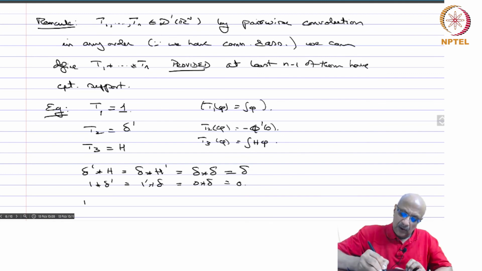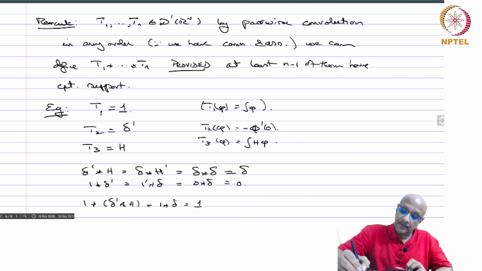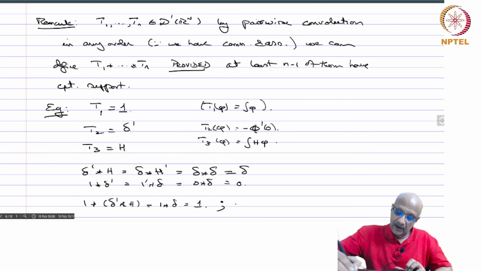So, let us take 1 star delta prime star h, this is equal to 1 star delta, which is equal to 1. On the other hand, you have 1 star delta prime star h will give you 0 star h, which is 0. So, these two are not equal, so you do not have the associative law.